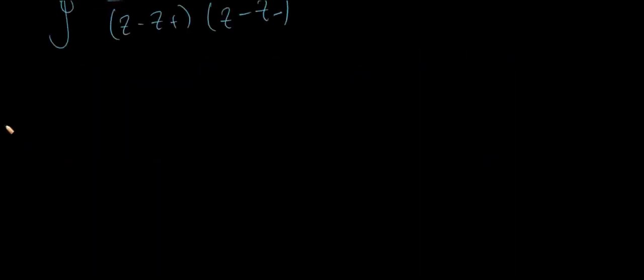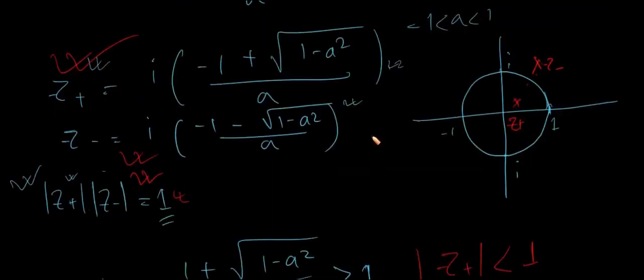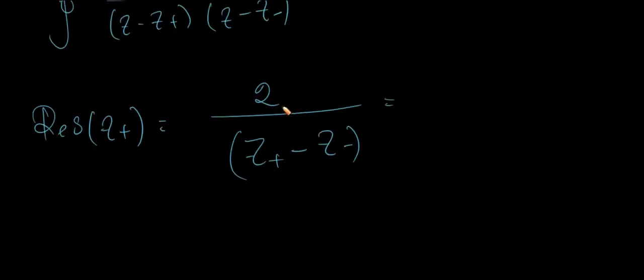Now you want to calculate the residue for z plus, and this is simply 2 by z plus minus z minus. And if you do the z plus minus z minus thing, if you just look at these two guys over here, if I do a minus thing, this minus 1 and there will be a plus 1, they will cancel each other out, and I will have something like this.